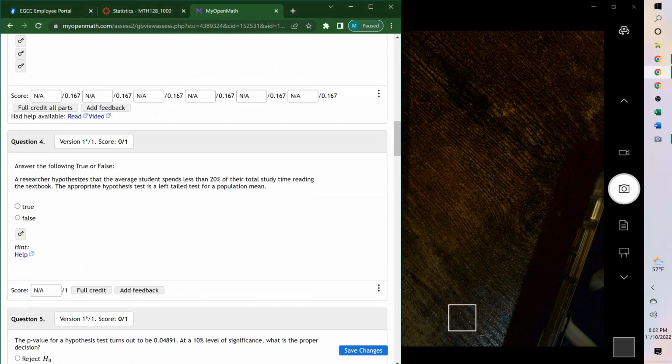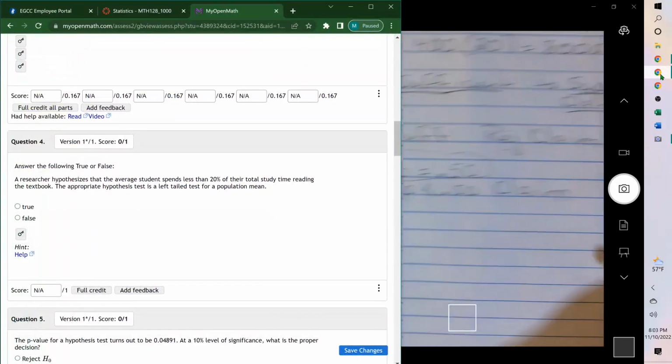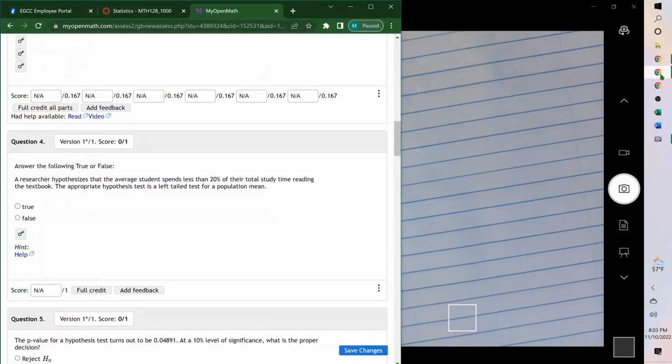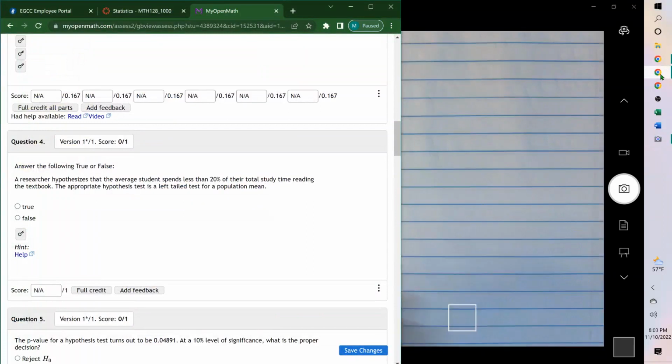The appropriate hypothesis test is a left tail test.